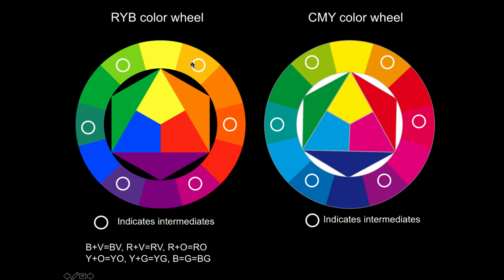The problem with this definition is that it doesn't leave us a definition for a color that would be mixed with all three primaries. I like this name, the intermediate. That means it's between, or intermediary between, a primary and secondary, and that's exactly how it's created.